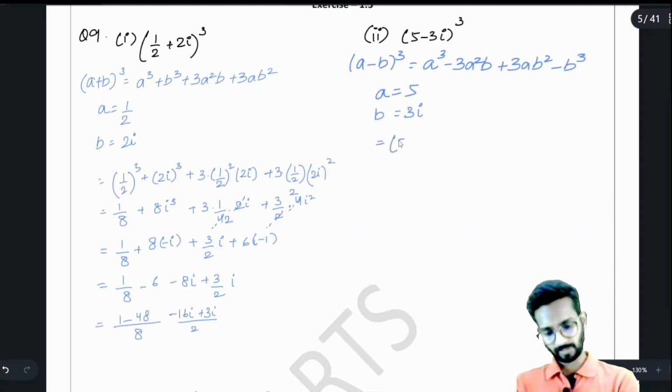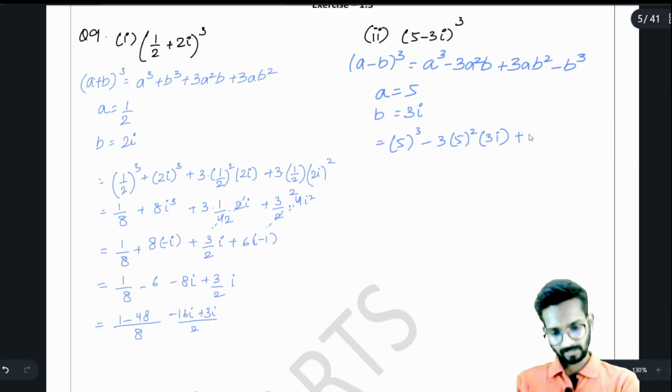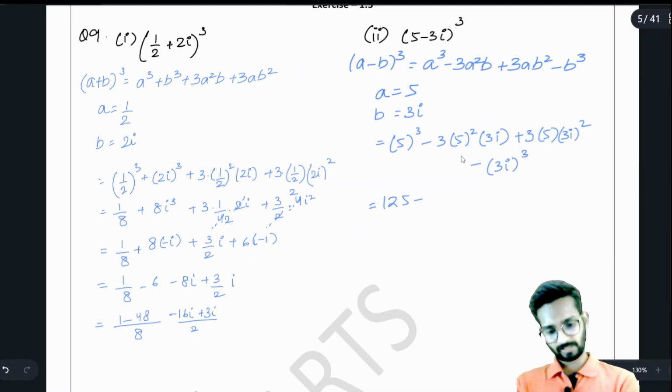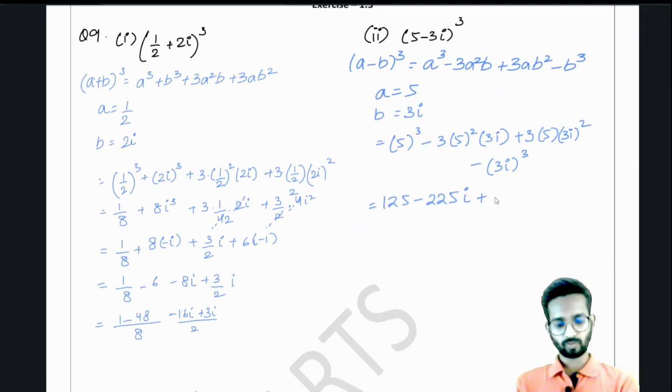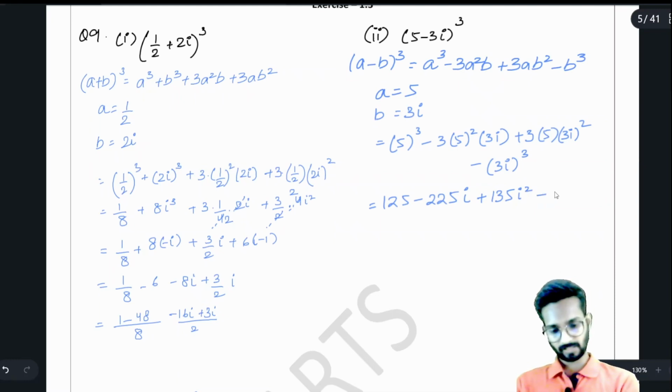Solving it, 5 cube minus 3 of a square b, plus 3 into 5, b square is 3i whole square, minus b cube is 3i cube. 5 cube is 125, 3 3s are 9, 9 into 25 is 225i. Then 3 5s are 15, 15 into 9 is 135i square. Then minus 3 3s are 9, 3s are 27, 27i cube.